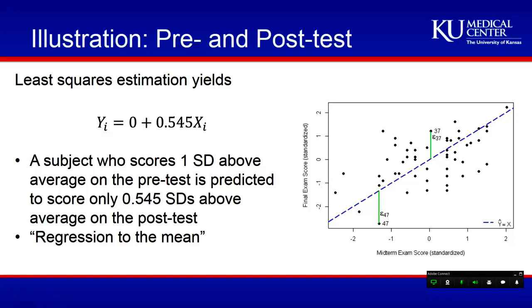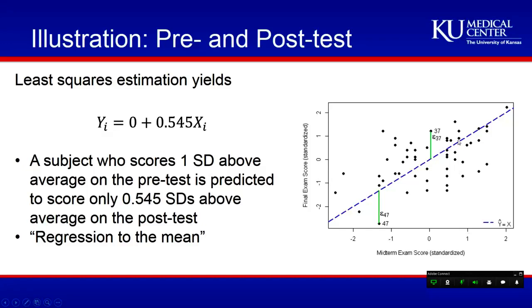Another interpretation could be if I have 2 students, one who scored 0 and one who scored 1 on the pretest, how can I expect their post-test scores to differ? So the difference between 0 and 1, I can actually look at the value of y on the graph. The person who scored 0 is expected to score about 0.